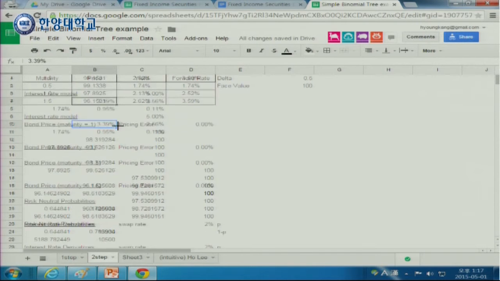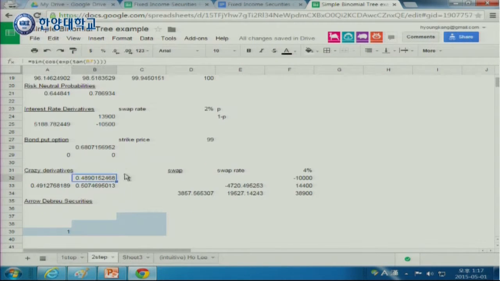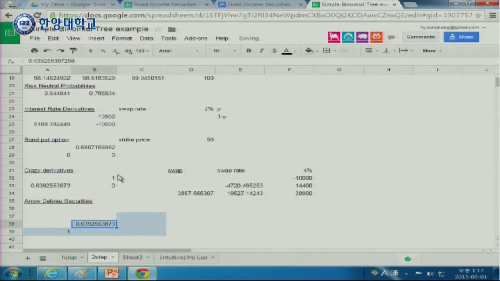Well, now that's kind of complicated, but now we have a derivative model. We can maybe use this one. So it is like $1 over here, $0 over here. So the price is this one, right? So the value of the Arrow-Debreu security that pays $1 at this particular stage is basically $0.64 or so.